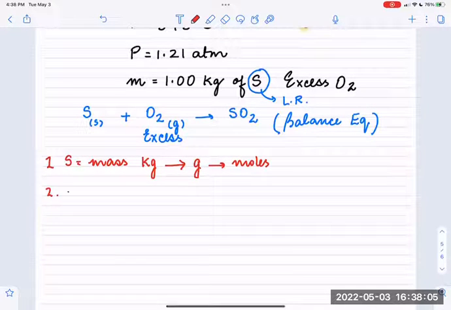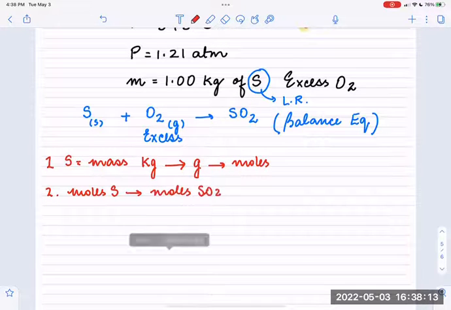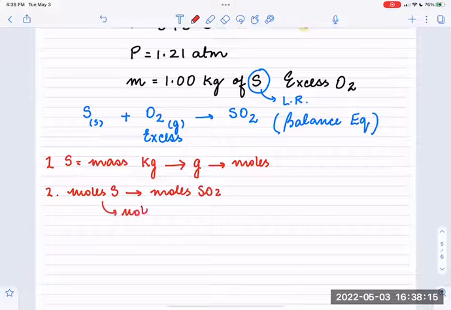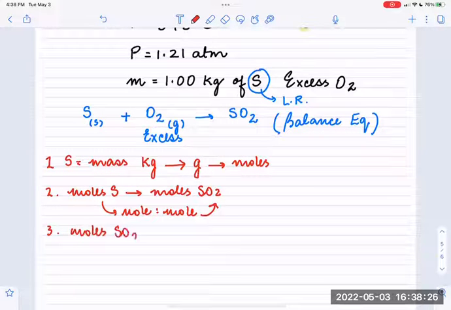Next thing is you're going to convert the moles of sulfur to the moles of sulfur dioxide using mole to mole ratio from the balanced equation. So now you have the moles of sulfur dioxide. The moles of sulfur dioxide is equal to the value of n.